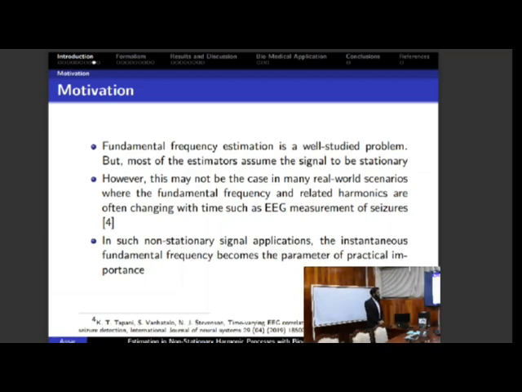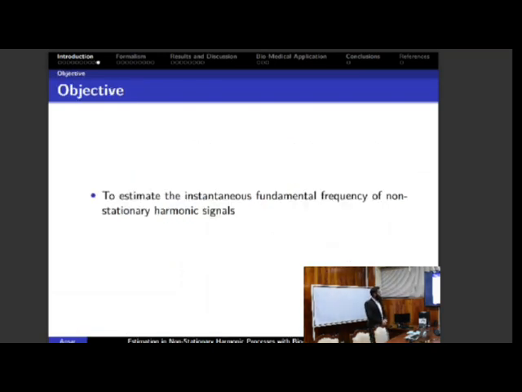However, this may not be the case in some real world scenarios where the fundamental frequency and related harmonics are often changing with time, such as EEG signals, EEG measurement of seizure as given in [4]. In such non-stationary signal applications, the instantaneous fundamental frequency becomes a parameter of practical importance, and our objective is to estimate the instantaneous fundamental frequency of non-stationary harmonic signals.